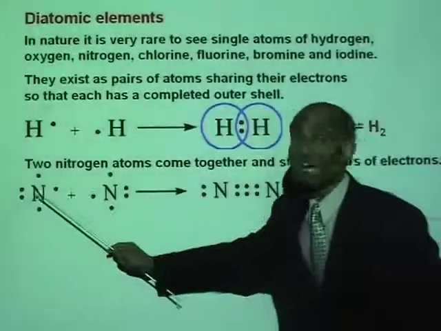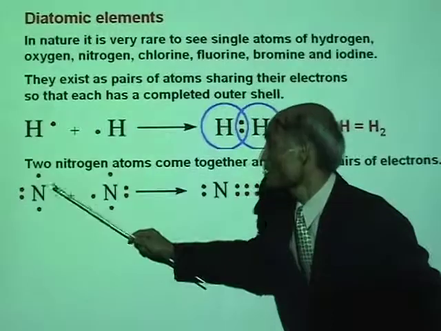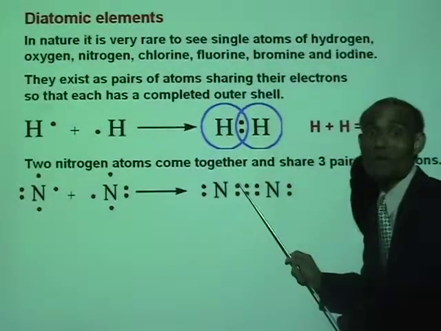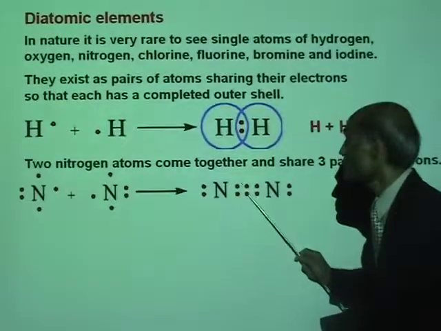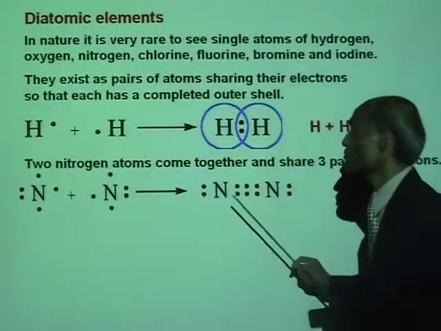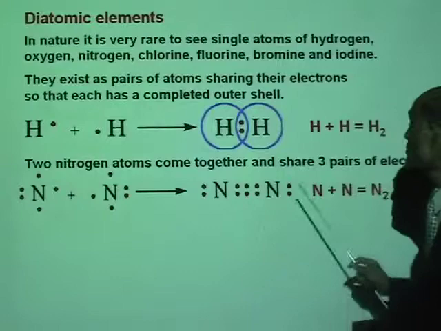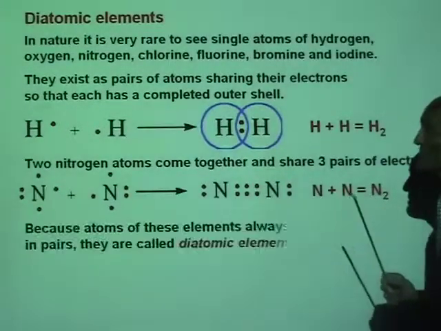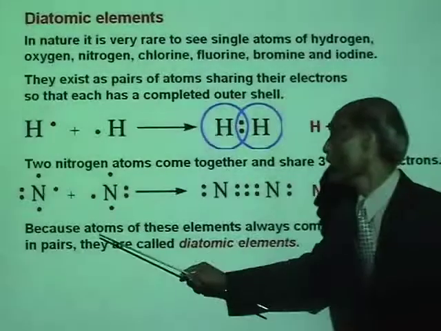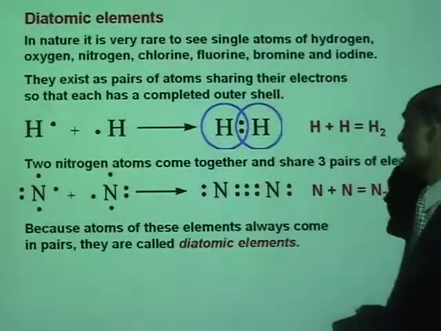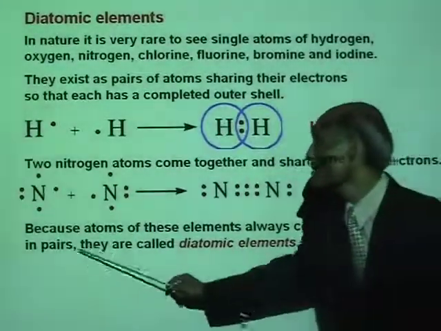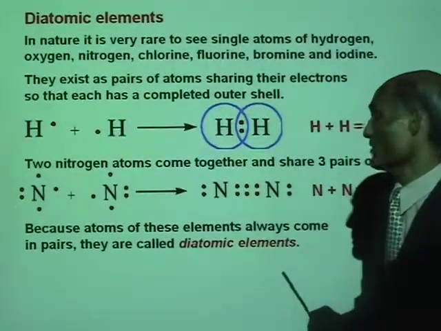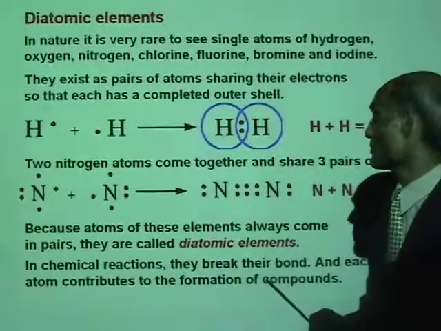Alright? 1 nitrogen plus another nitrogen, and they share how many pairs? They share 3 pairs of electrons forming N2. N plus N equals N2. Now, because atoms of these elements always come in pairs, they are called diatomic elements.